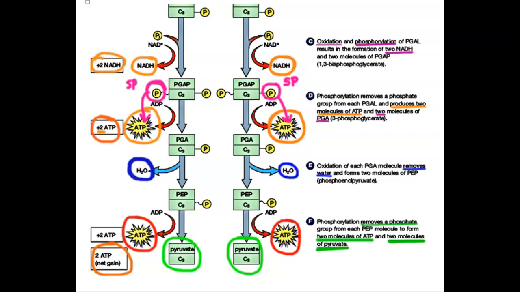The main thing you need to know from this is that there are many steps. Each step has its own enzyme. You can know what's being produced: how many ATPs, how many NADHs. What does it mean by substrate phosphorylation?